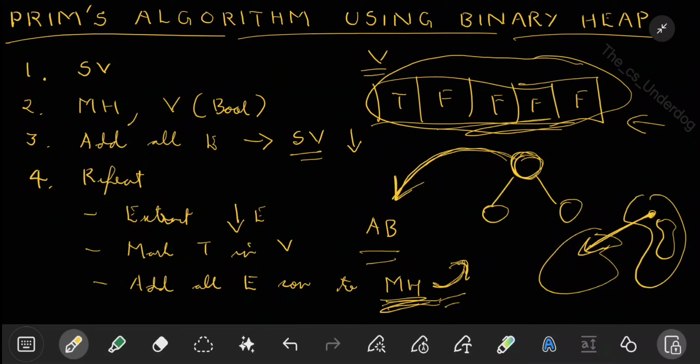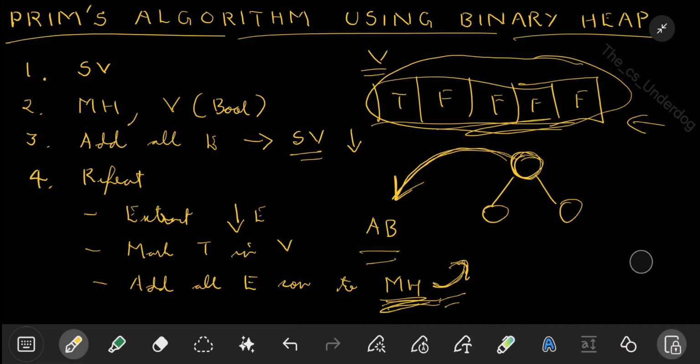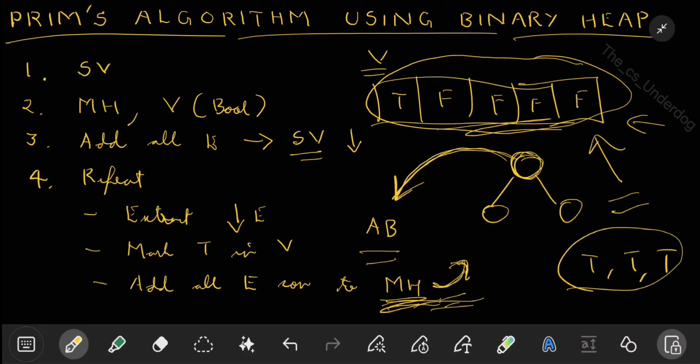So these are the steps, and till what point should you do this? You should continue repeating this till the point you have all the vertices as visited. That is, in your visited array, you should have true value for all the entries. Or another way of understanding this is whenever you already have v-1 edges as part of the MST.